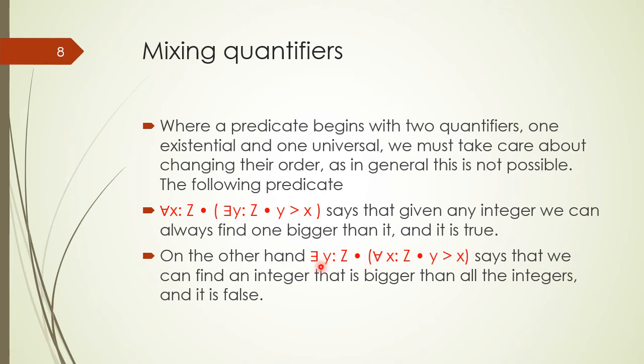There exists y, and for all integers x, y is greater than x, and this says that we can find an integer that is bigger than all the integers, and it is false. You cannot find an integer which is greater than all the integers. Therefore, you can observe that by swapping the order of quantifiers, the meaning as well as the truth value has been changed.